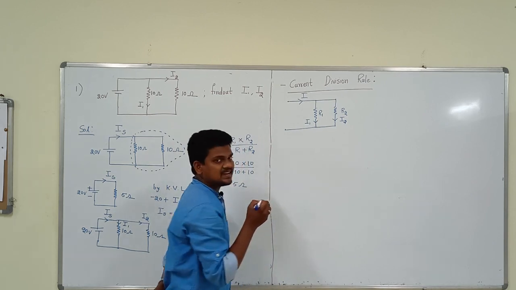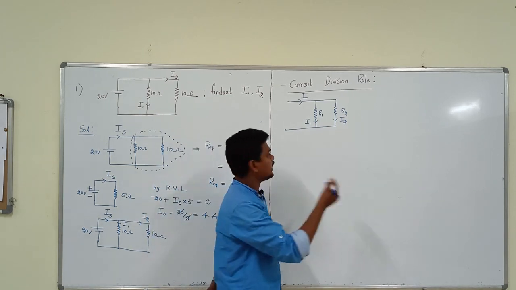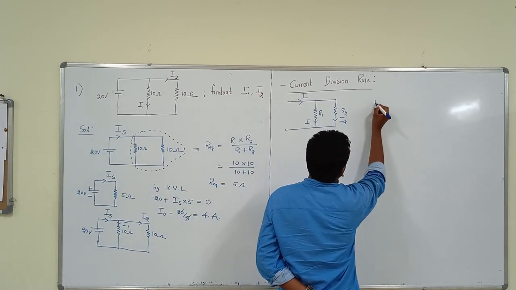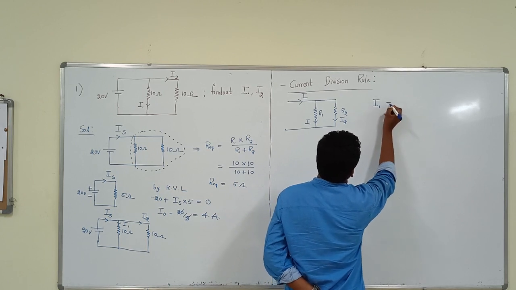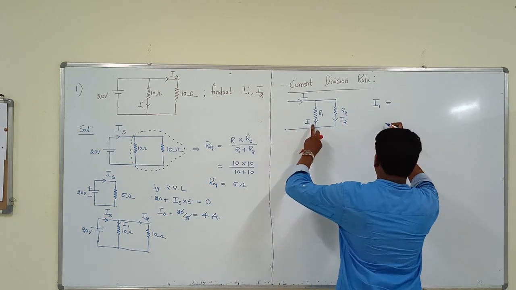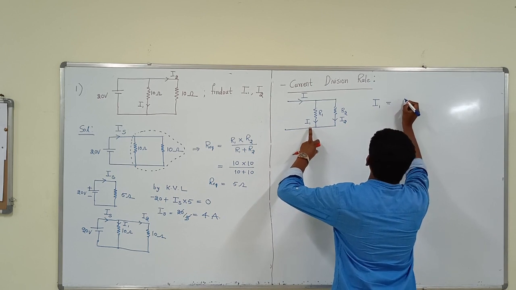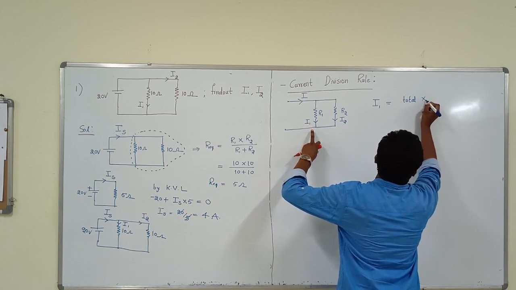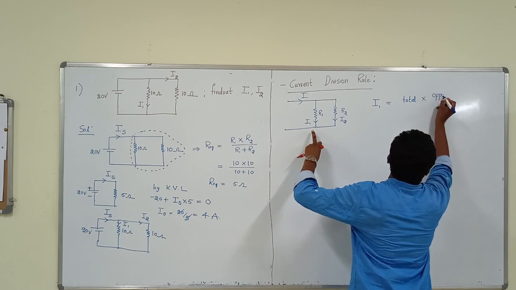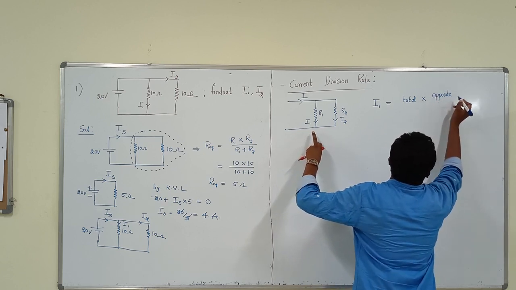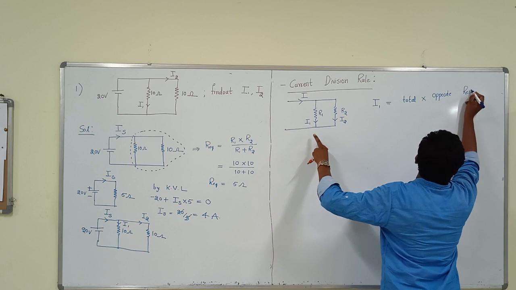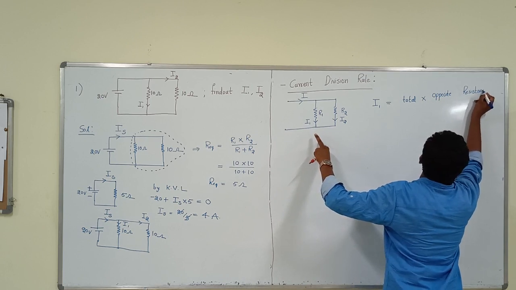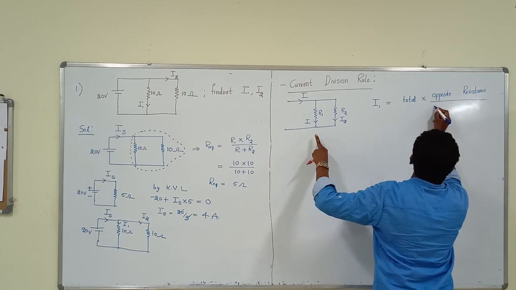Then you can directly write the I1 formula and the I2 formula. The I1 formula, the current division rule, is total current into the opposite resistance by the total resistance.